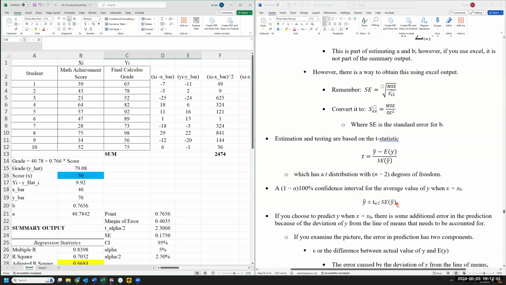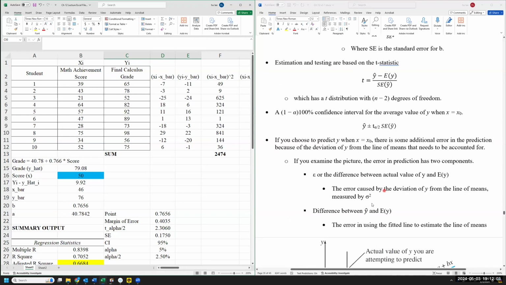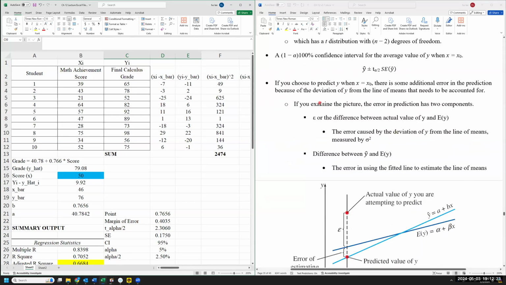Now, instead of doing estimation, if we choose to predict, we have another error that we need to account for. You choose to predict y rather than estimate, like out of sample prediction, when X is equal to X naught. There's additional error in the prediction because of the deviation of Y from the line of means.